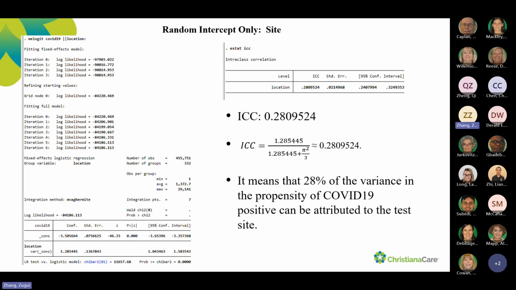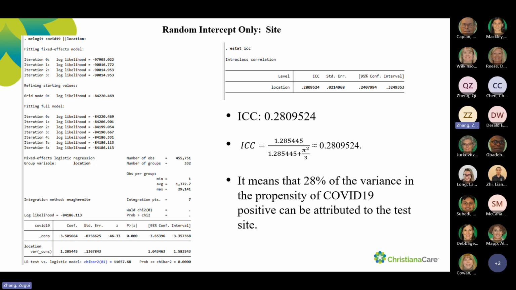So based upon the random intercept only model, as we did before, we get the ICC is 0.28. That means 28% of the variance in the tendency or propensity of COVID-19 positive can be attributed to the tested site, which means the tested site is one of the very important factors we need to consider.